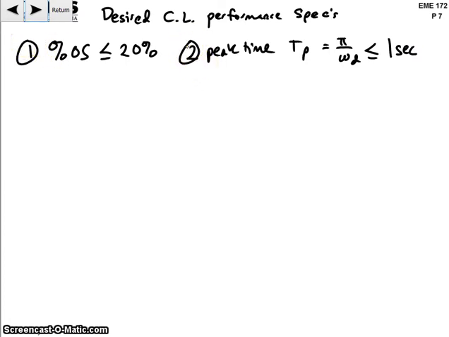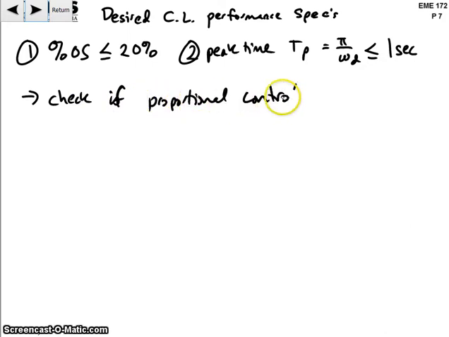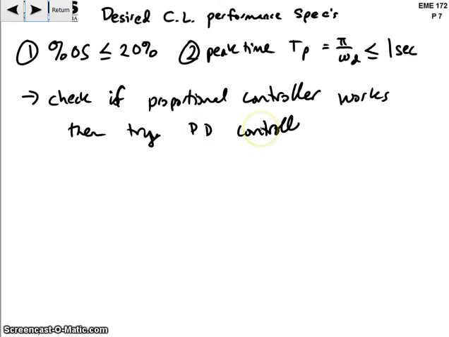First we'll check if a proportional controller will work, and then we'll try a PD controller. That's going to be my approach.